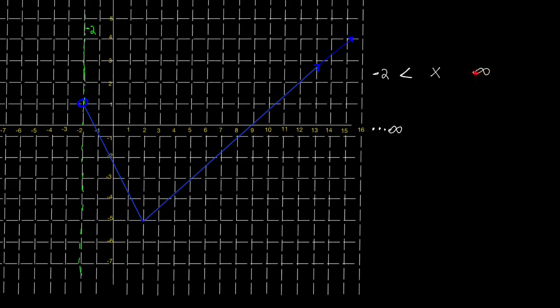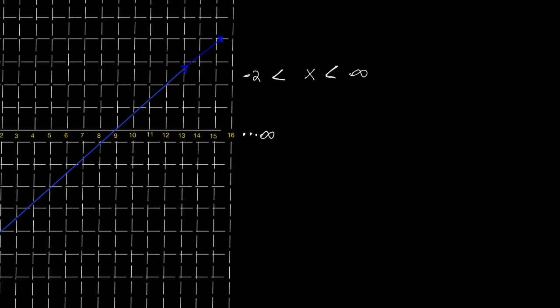On the right hand side we have infinity, and remember, for anything that involves infinity, we always just use the strict inequality. We don't put a bar underneath. But again, this is the way a beginner would write this down. So let's write this down more proficiently by getting rid of this infinity section, and we can write this as -2 less than x. So that would be the domain.